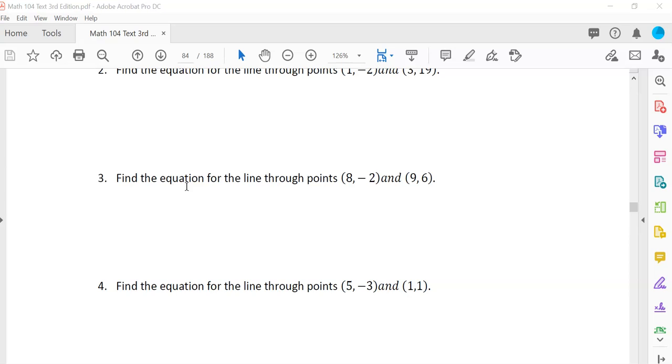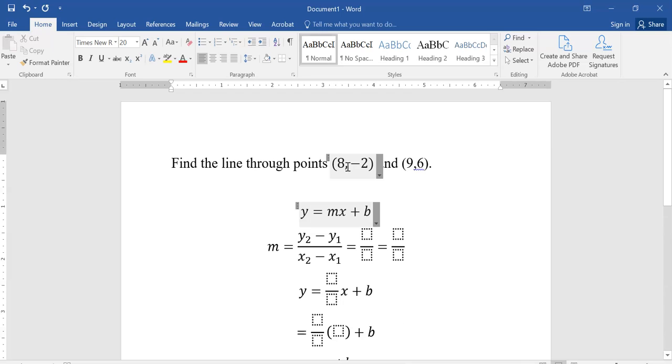The third question on this page: find the equation for the line through the points 8, -2, and 9, 6. So let's go back to our work. Again, we want the equation of the line, y equals mx plus b.